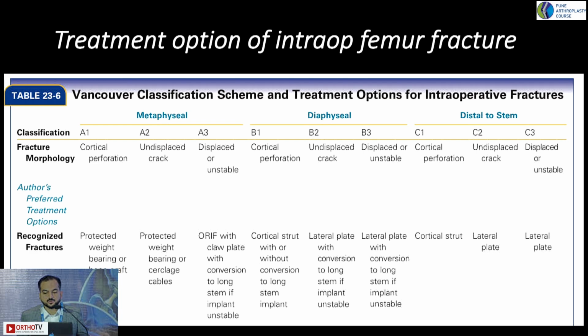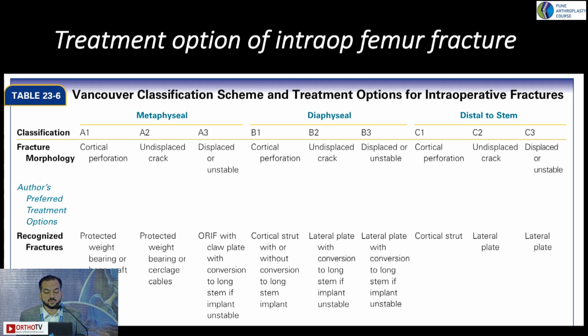These are the treatment options for intraoperative fracture. Sometimes you assess it on the table, you hear a noise or feel some instability. But sometimes you see it in post-op X-rays. So for metaphyseal fracture type A1, if there is a slight cortical perforation and you recognize it on the table, or post-op, protected weight bearing for at least 6 weeks, or sometimes bone grafting.